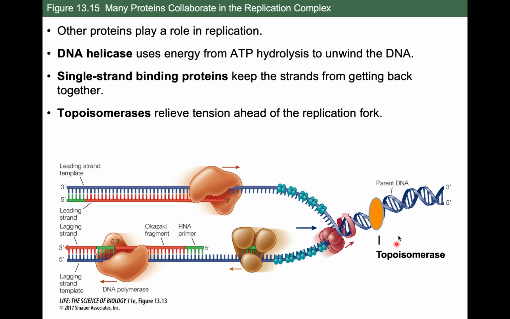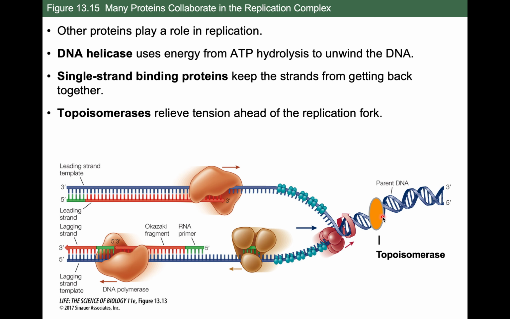And then another enzyme is working out here, ahead of what's called the replication fork, right? This would be the fork in the DNA here, called topoisomerase. What topoisomerase does is relieve tension that builds up as we unzip these two DNA strands and prevent the DNA from breaking.